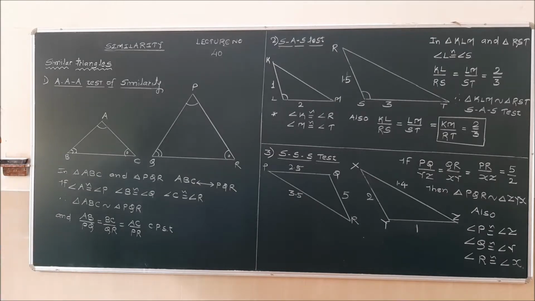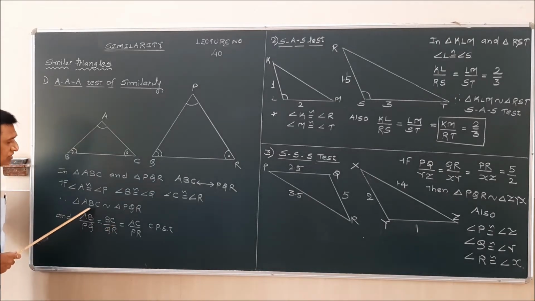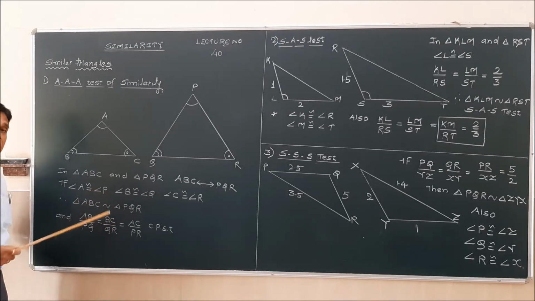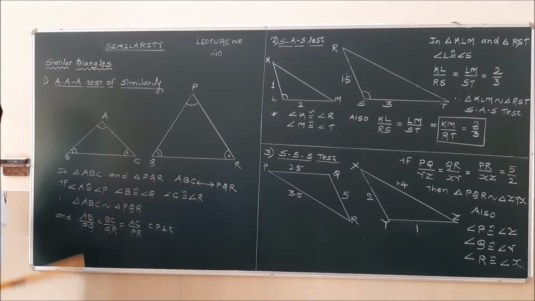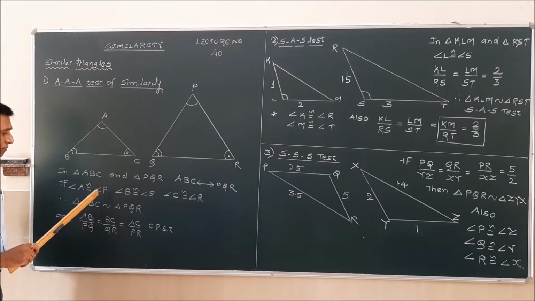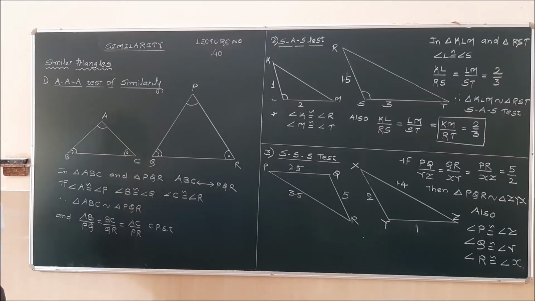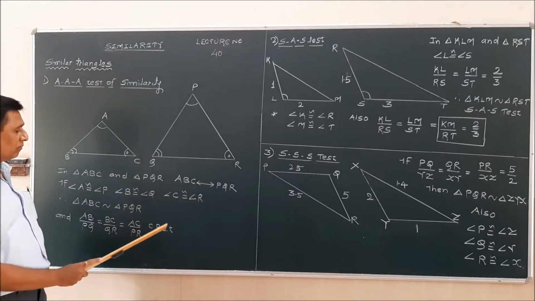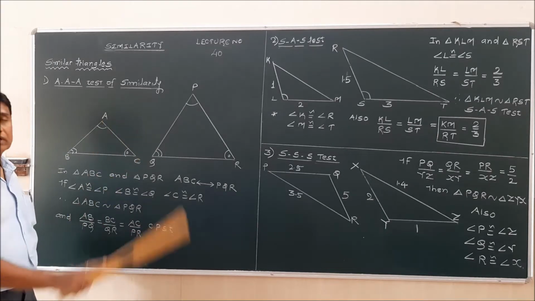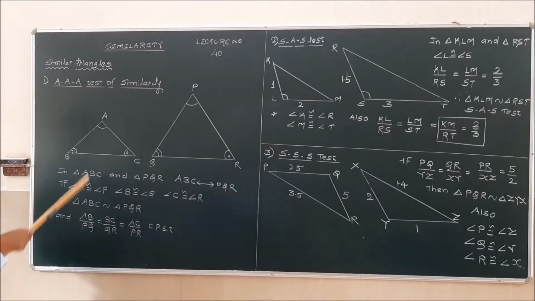Why do I use that? Because AB, the first two letters, form one side, and PQ, first and second letter, form one side. So AB, PQ, BC, QR and AC, PR are called corresponding parts of similar triangles.